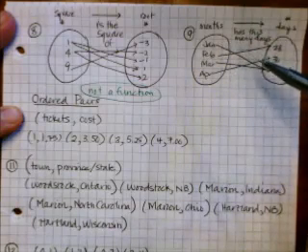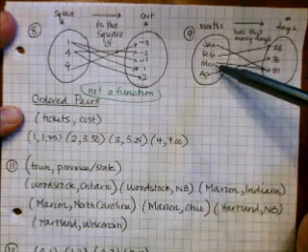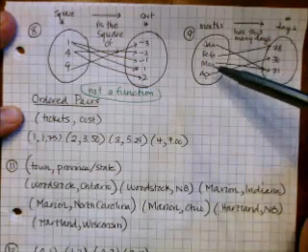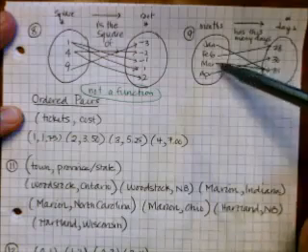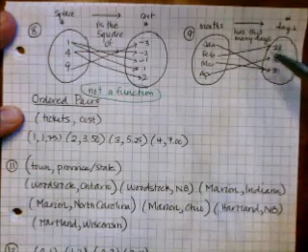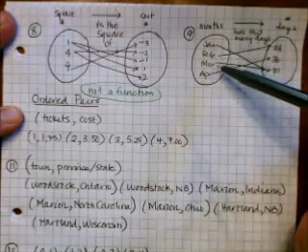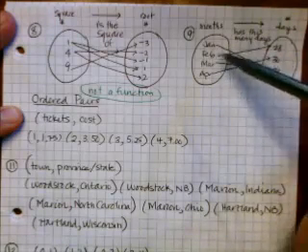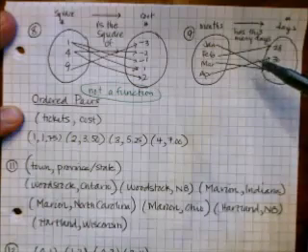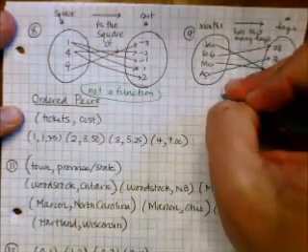No, January only goes to 31. Yes, March goes to 31 as well, but does March go to two different places? No. February only goes to one place. April only goes to one place. That means every X has only one association with a Y. Each X has only one Y. This is a function.